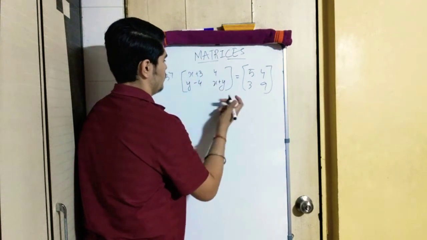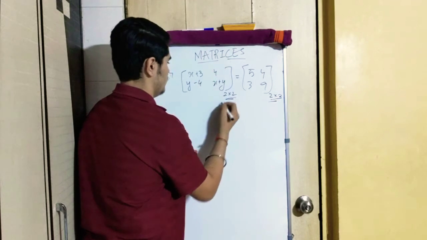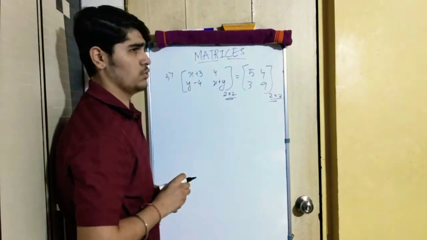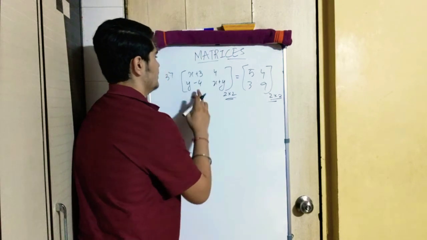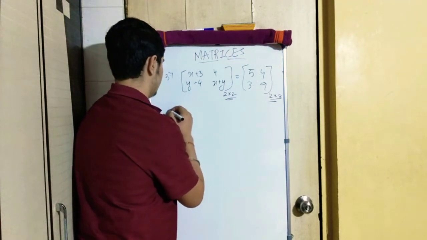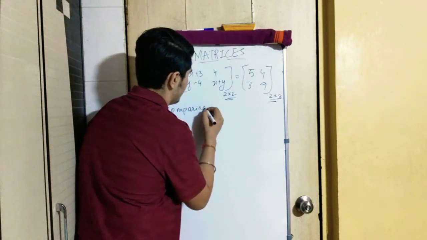So 1, 2, 3, 4. This is again 2 into 2. By now you have understood how to take the order of a matrix. So we write the sentence comparing both matrices.